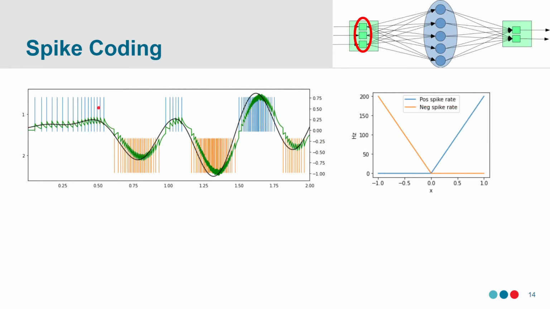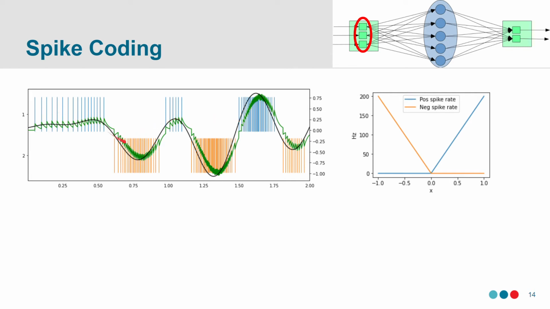Again, this green line is taking those spikes and trying to decode back out what the original value was. The only thing I'm allowed to do is, when there's a spike, go up or down, and then the synapse causes some sort of decay. So the green line is a weighted sum of the blue and orange spikes with the synapse low-pass filter.